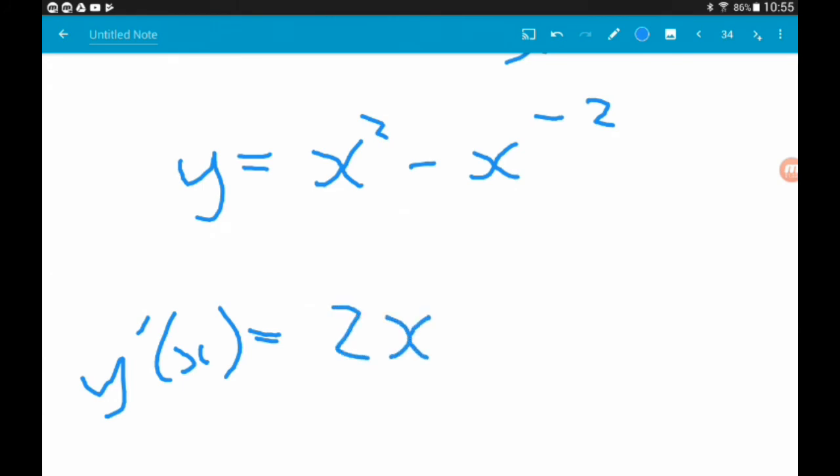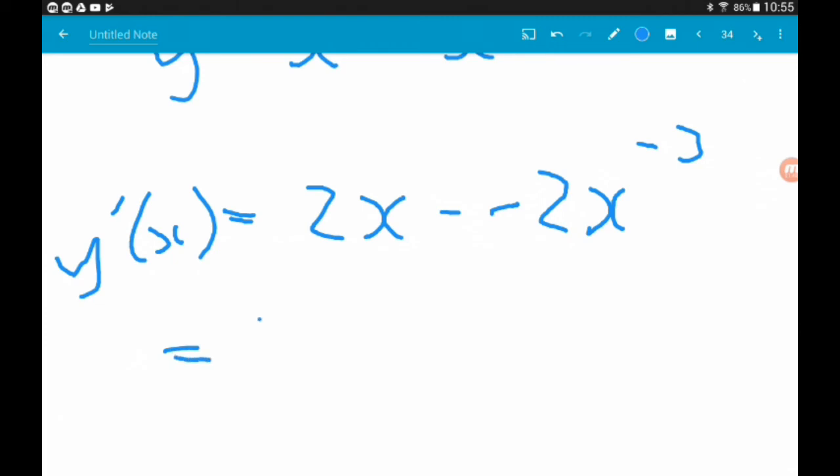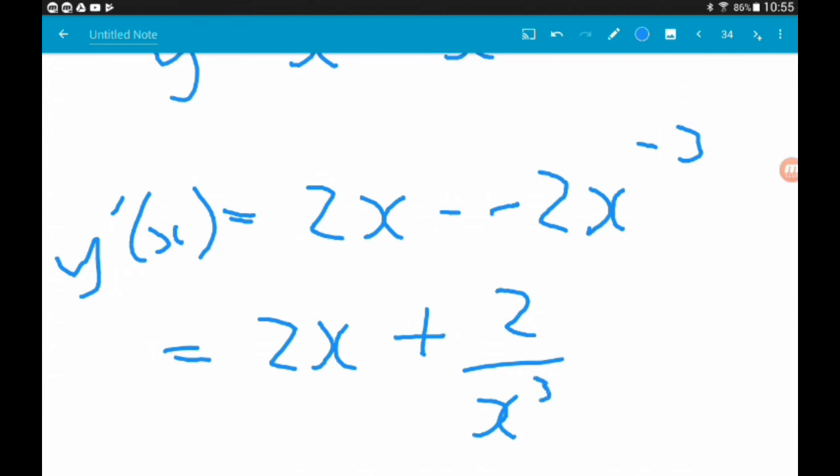And then for this second term, we're going to get minus 2 lots of x to the minus 3. So we've got 2x minus 2 gives us plus 2. And now x to the minus 3 we write as the bottom of a fraction, x cubed. So our derivative is 2x plus 2 over x cubed.